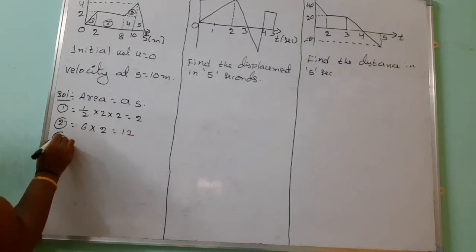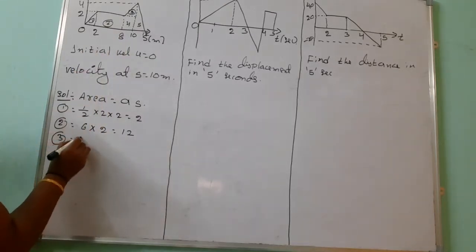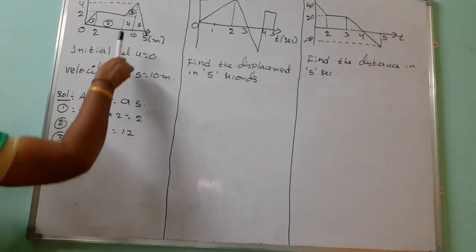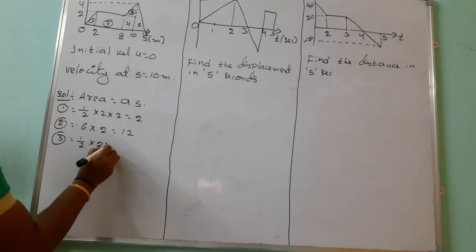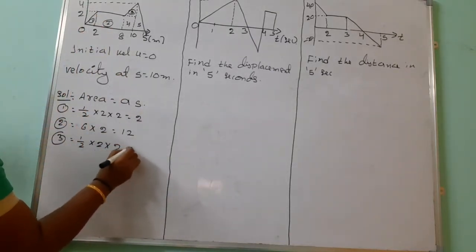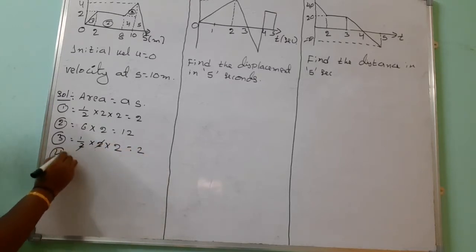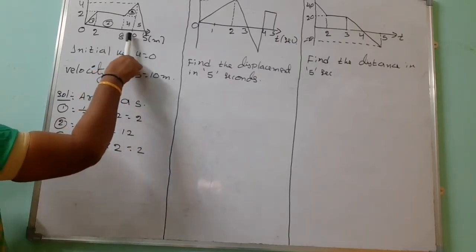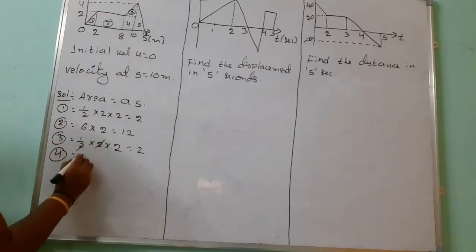Then third part area is once again a triangle, half into base 2 and height 4 minus 2, 2. This is also 2. Then fourth part is length into breadth, 2 into 2, 4.